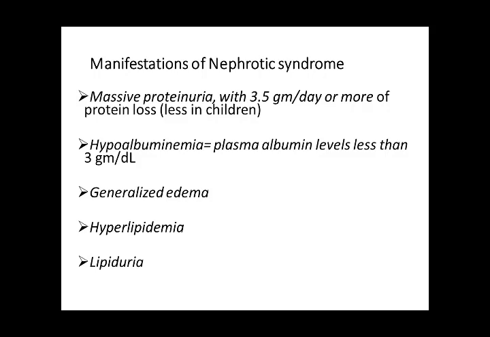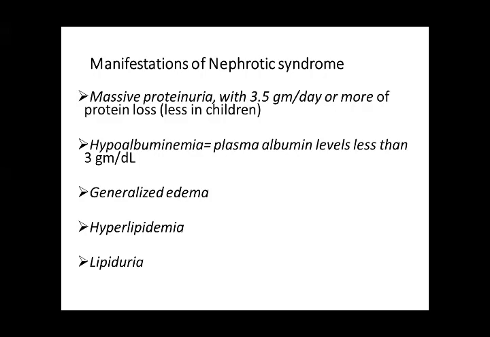Hyperlipidemia is the consequence of the proteinuria. When there is protein loss in the urine, the body tends to make up the loss and increases the formation of albumin or the proteins lost. While doing so, it increases the lipid formation as well.